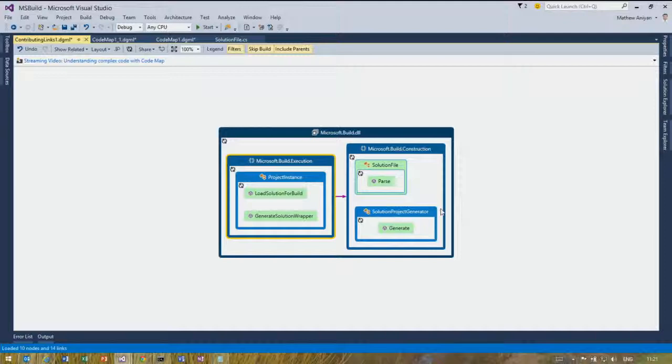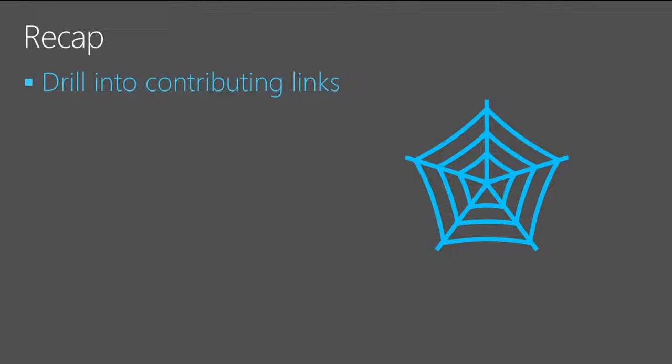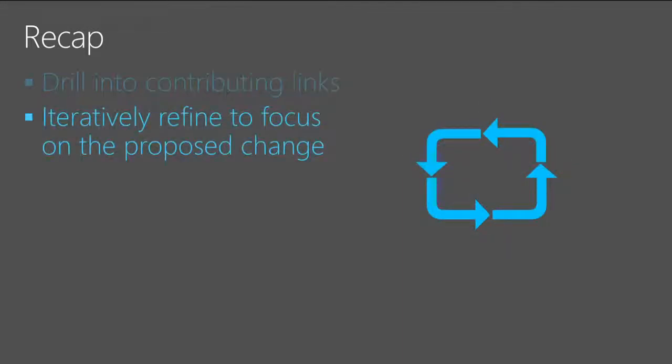Before I go to the next step, let me recap what we actually saw now. So you saw how we could drill into contributing links and also focus on just one aspect of the code map. We were able to iteratively refine it.